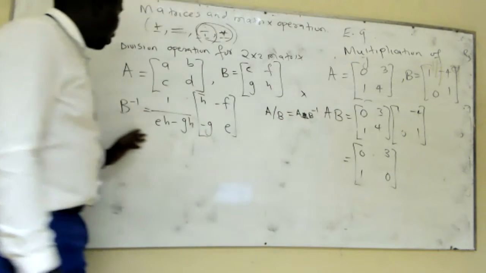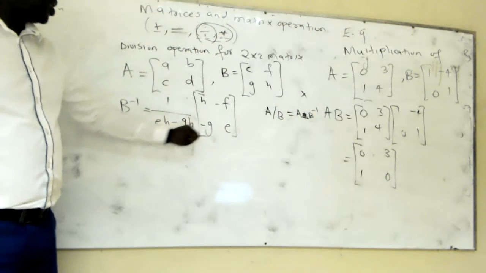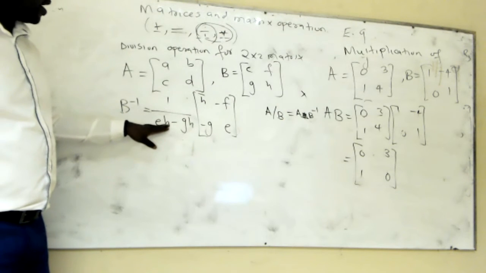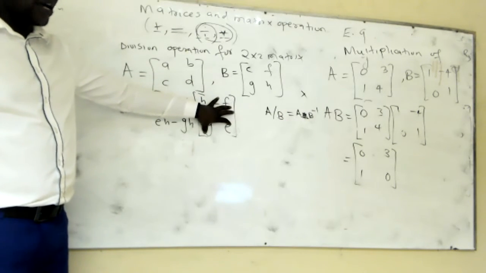And see, this is our inverse of B. So it means 1 over EH minus GH must be multiplied with all the components we have here.